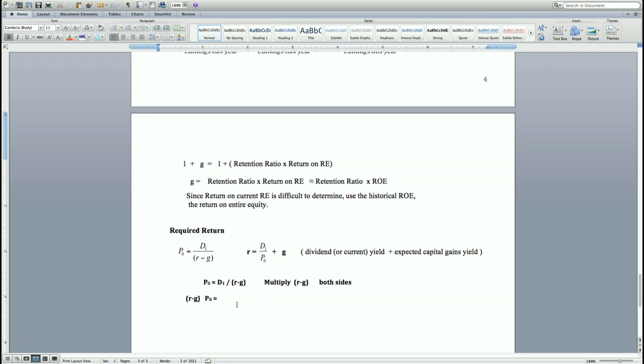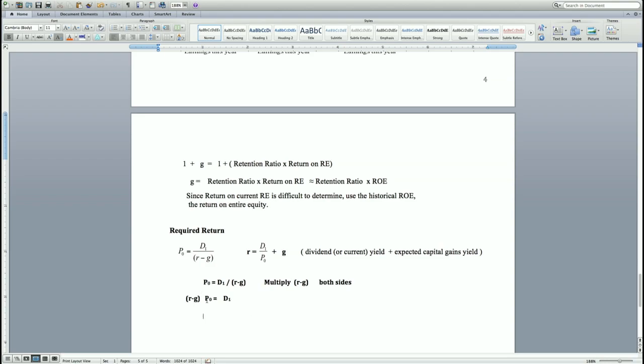R minus G multiply P0 equals D1, since we multiplied R minus G, these two will be cancelled out, only D1 left. Then open the bracket.